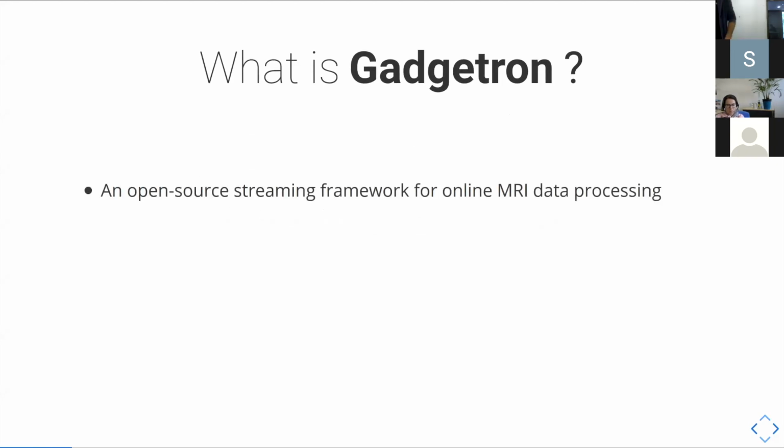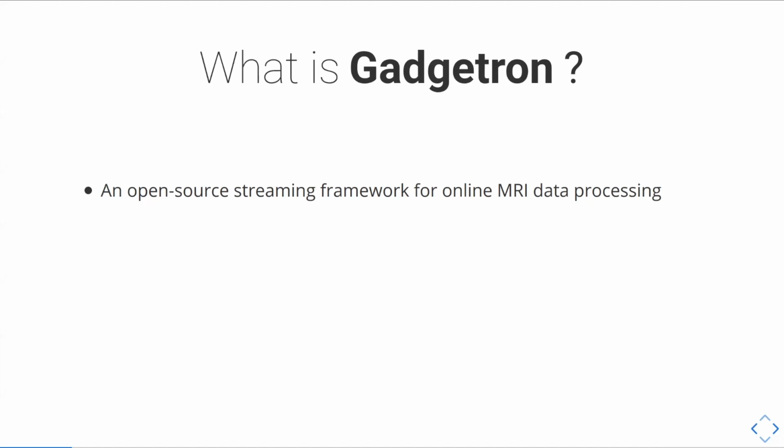Gadgetron is an open source streaming framework for online MRI data processing. To break that up in parts, it's open source, meaning that it's free. You can go and download it, play with it. You can, if you want, compile it and sell it. There are really no restrictions on what you can do with it. It's a streaming framework, meaning that we process data as we receive it.